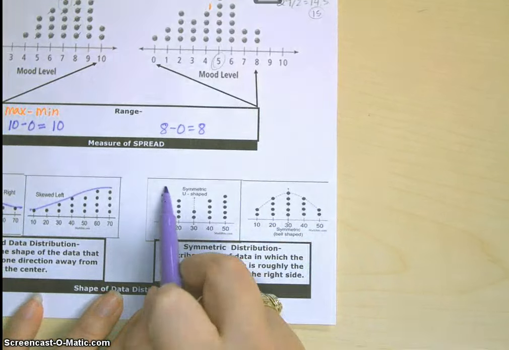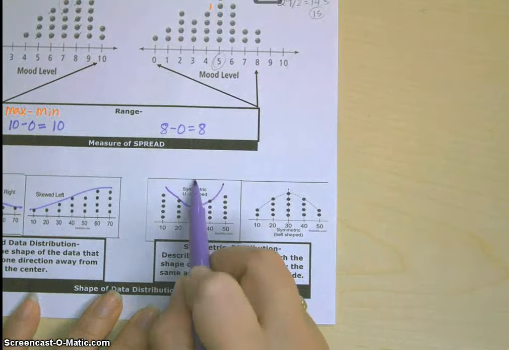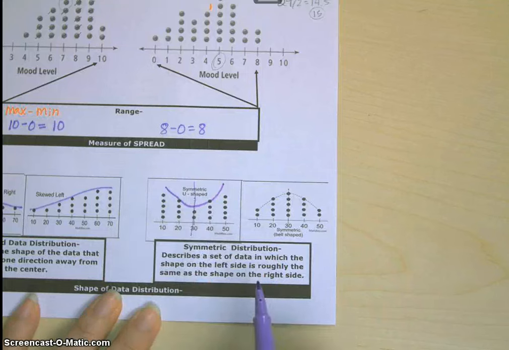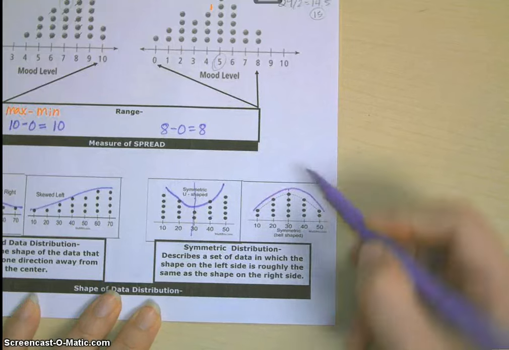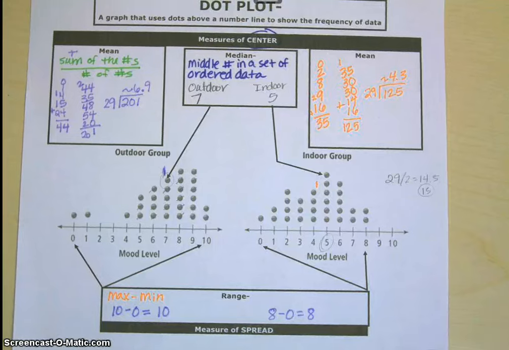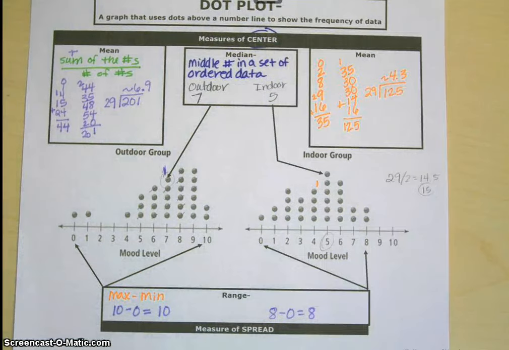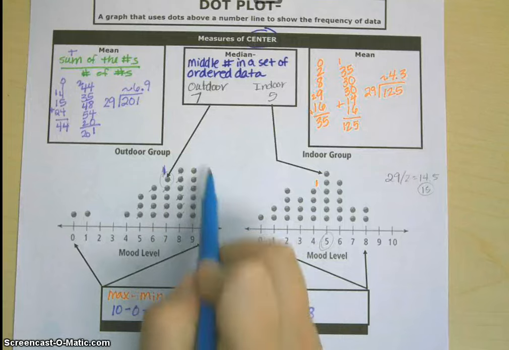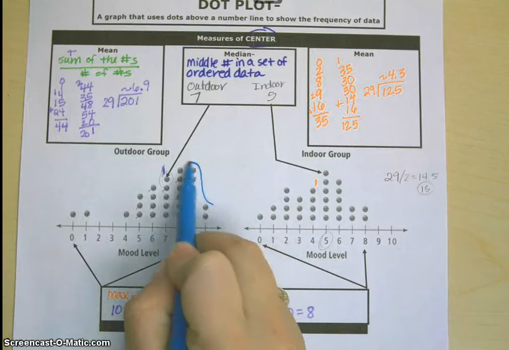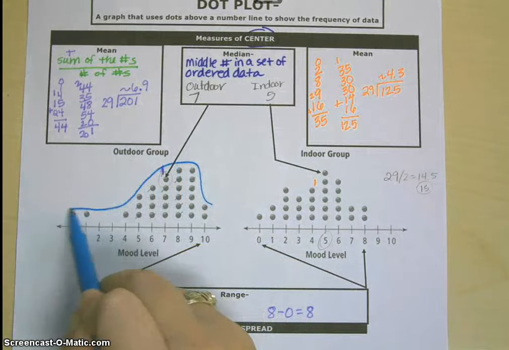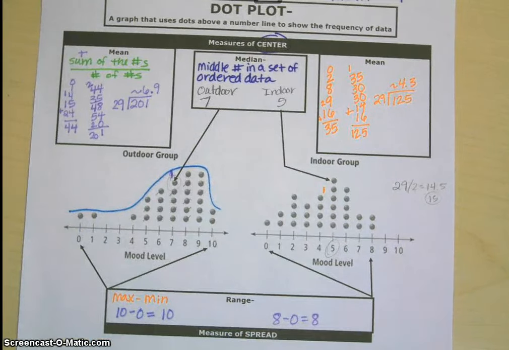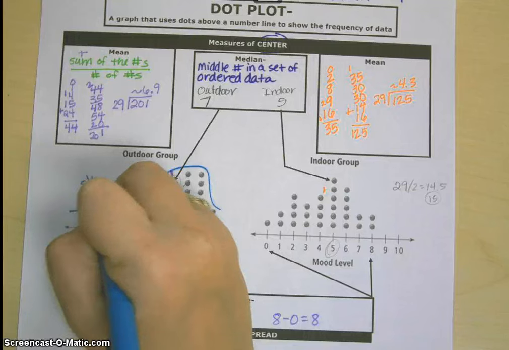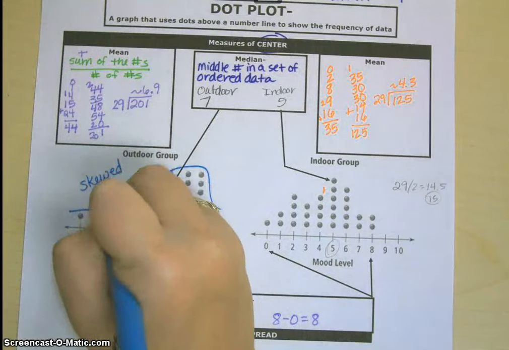Now this is a U-shaped. It's still the same on either side, but it's going in a U. This is the bell-shaped, still roughly the same on either side. So let's look at our data up here and decide what we think the distribution is. I'm going to draw kind of like a little mountain over it. What would you say that is? If you said left skewed, I would agree with you. So skewed left.